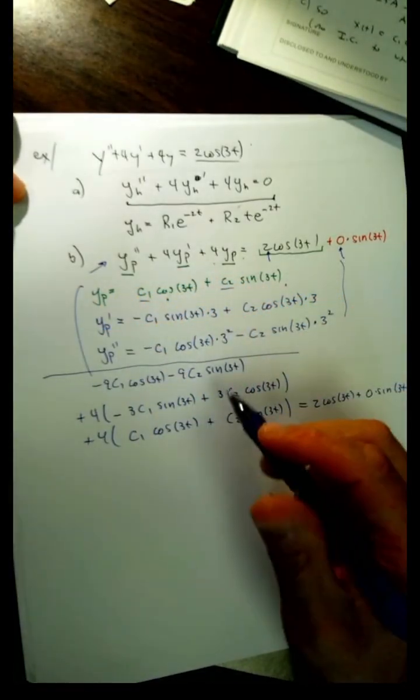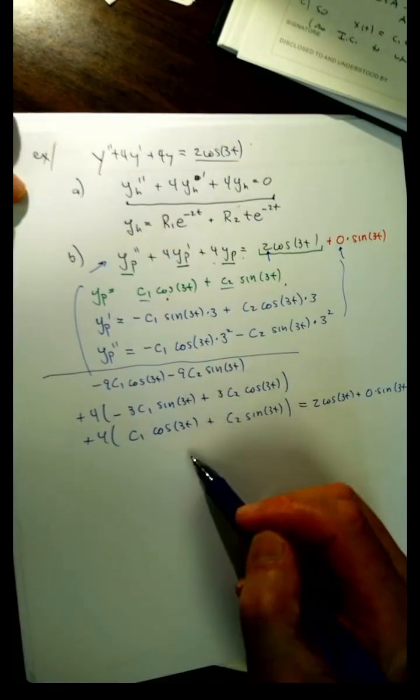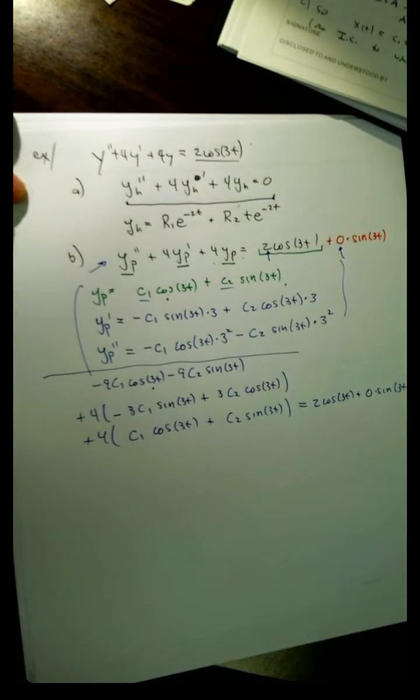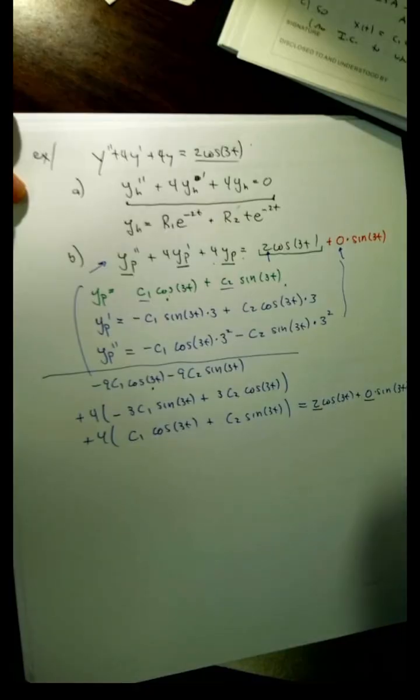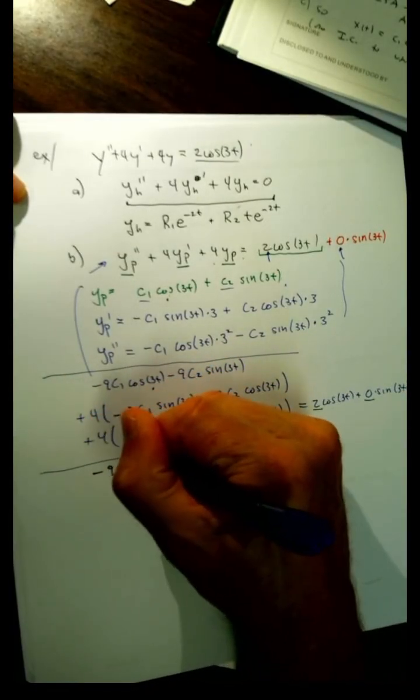All right, let me clean this up. So I'm going to multiply this through, expand it all out, and then start collecting cosine and sine terms with the idea that eventually all the coefficients on cosine have to add up to 2, all the coefficients on sine have to add up to 0. So I'm going to leave the first line alone.